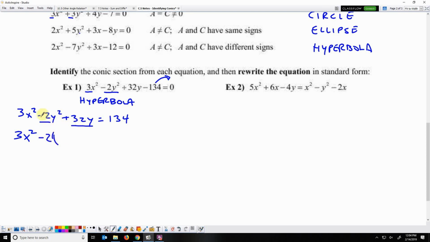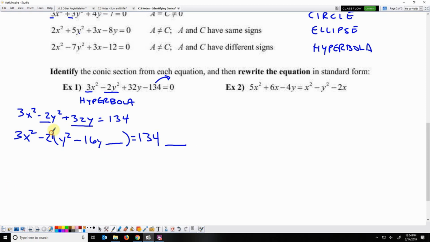So when I factor a negative 2 out of here, I'm left with y squared, and 32 divided by negative 2 is negative 16, so negative 16y. And then I'm going to leave a blank, because I'm going to complete the square. That equals 134. And algebraically, if I'm going to leave a blank here, I've got to leave a matching blank on the other side of the equation.